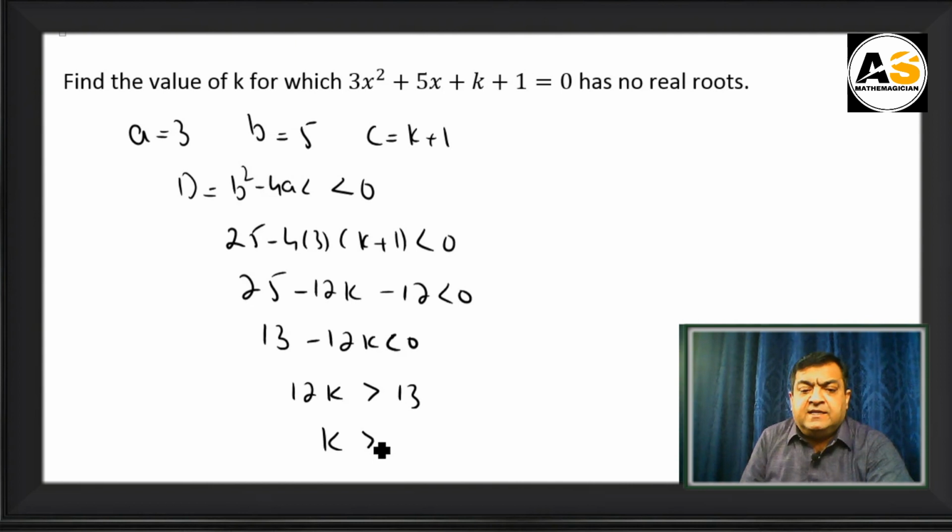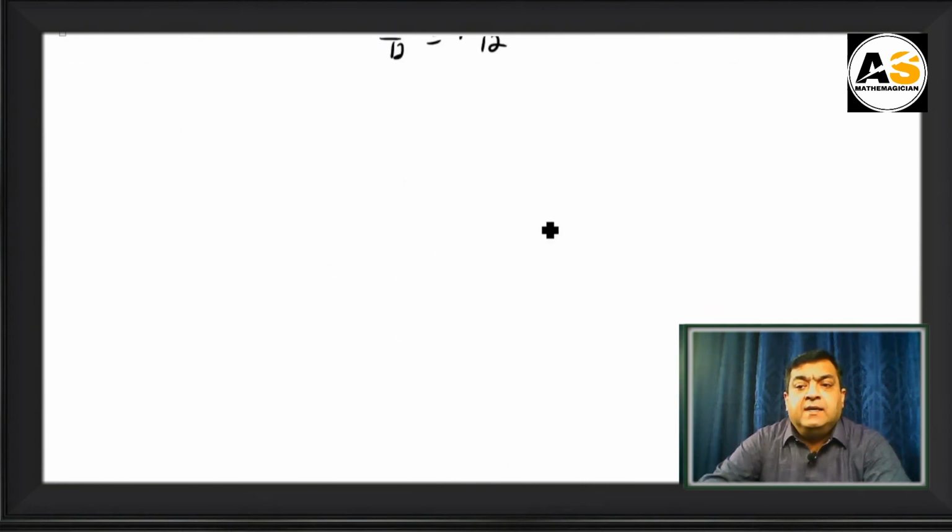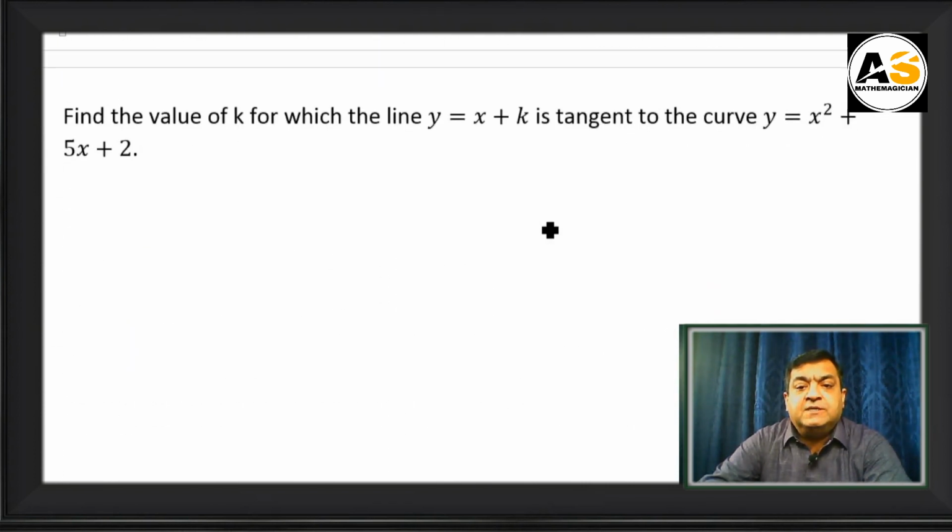K is greater than 13 by 12, which is equal to 1 whole 1 by 12. This is our value of k. Set of all values of k which are greater than this number will generate an equation which will have no real roots. Let us move to our new question.